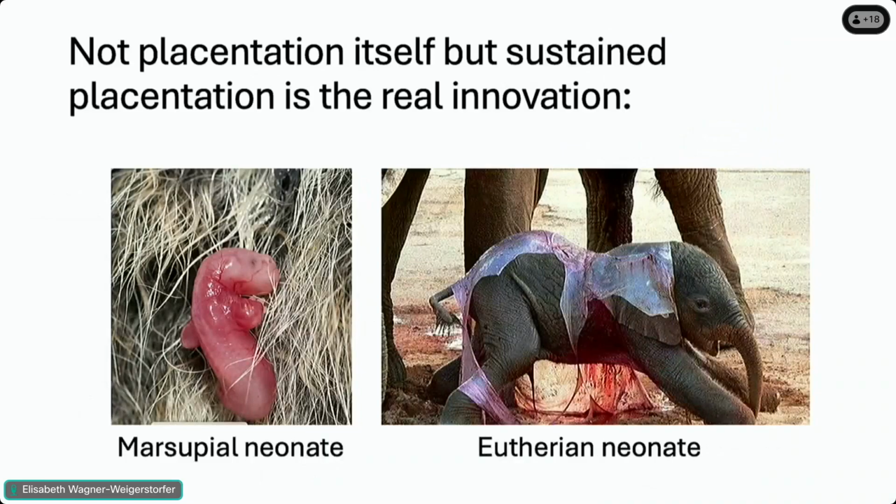And that has consequences, the consequences that I mentioned before. In general, marsupials are relatively undeveloped. In eutherians, they can keep the fetus inside long enough so that they can more or less fully develop.